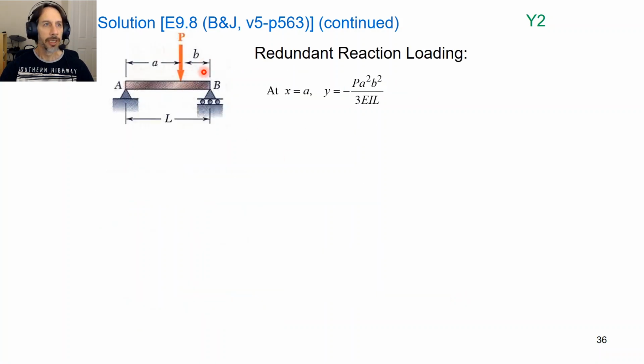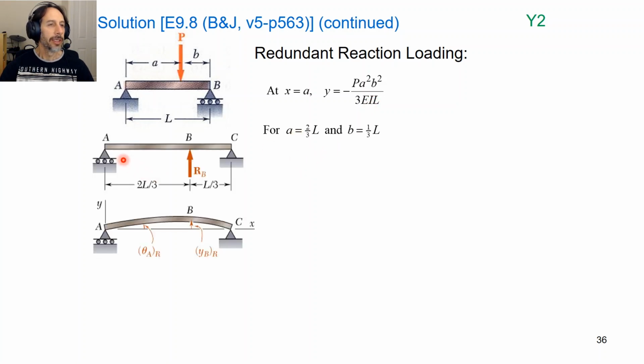Now, if you look at the redundant reaction loading, we have our force here. Well, this is our standard case where the force is not at the center. So x is equal to a, so we want the deflection at this point.